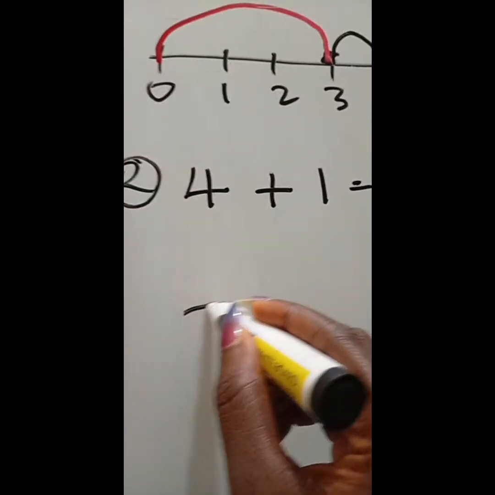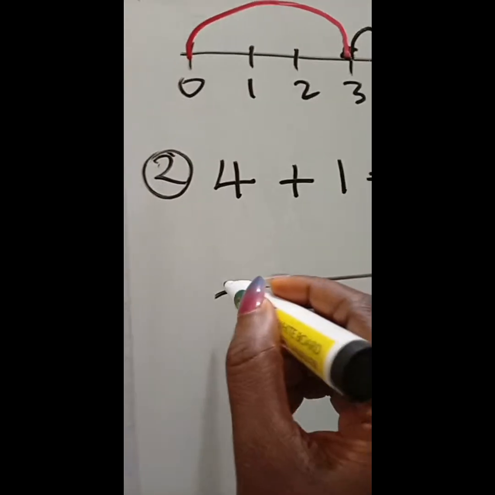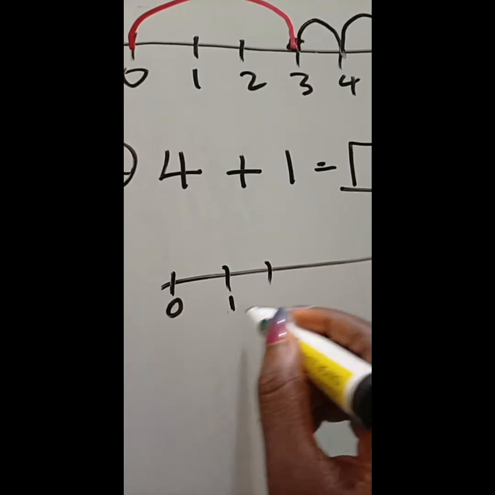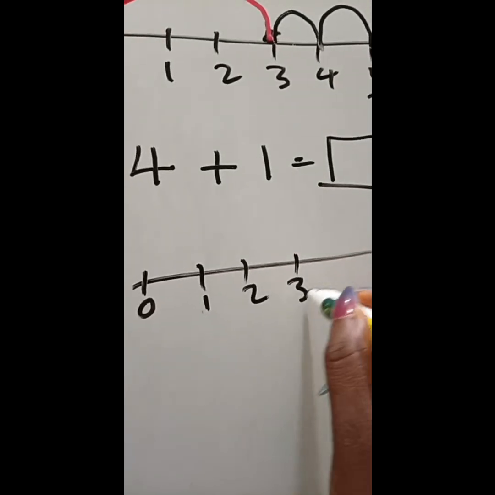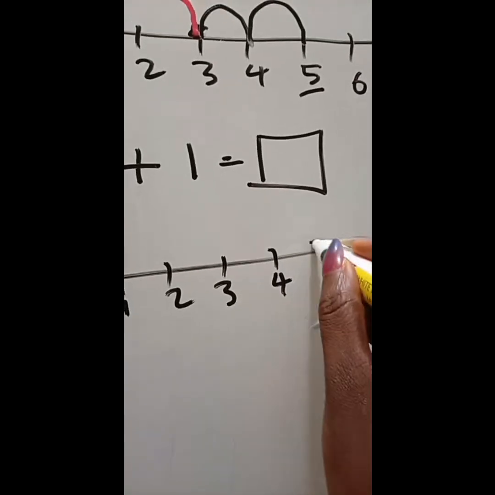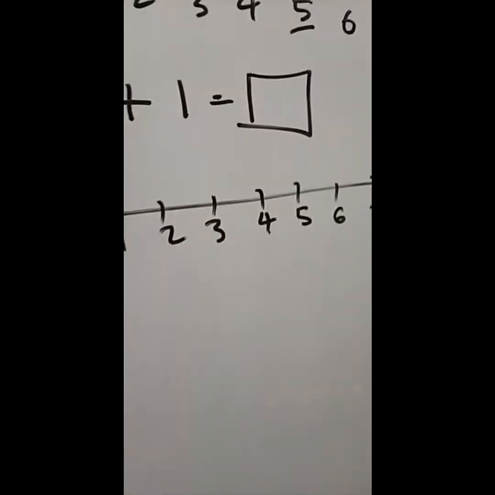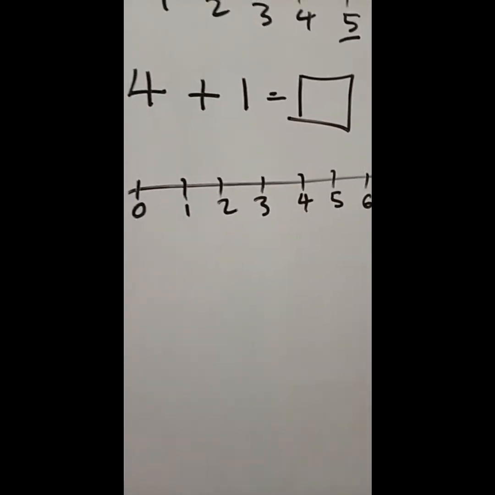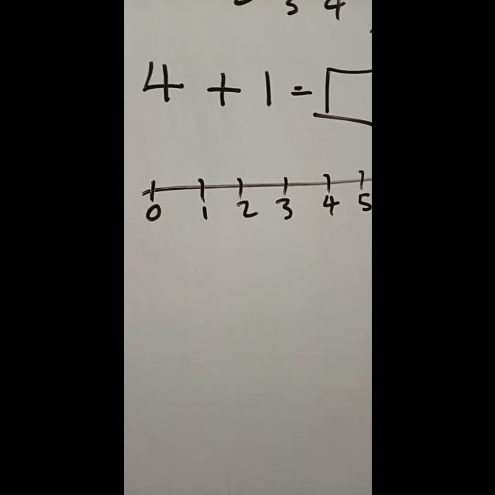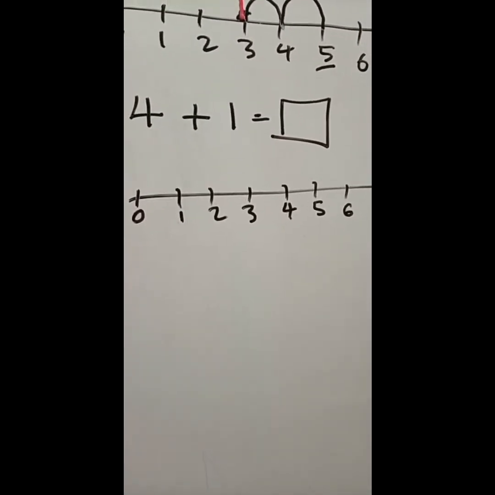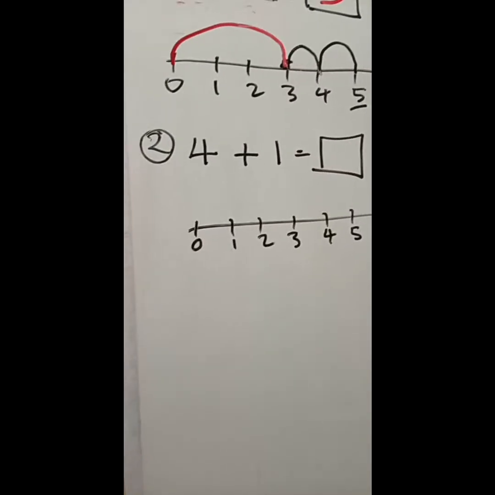So this is the line. Remember to put your numbers 0, 1, 2, 3, 4, 5, 6, 7. You can write as many as you can, depending on the sum you're solving.